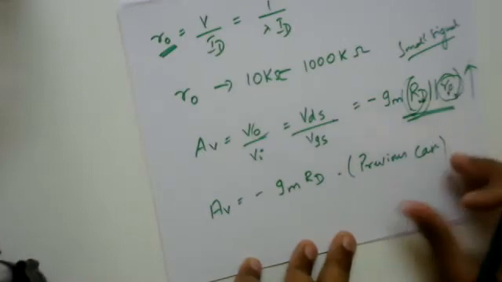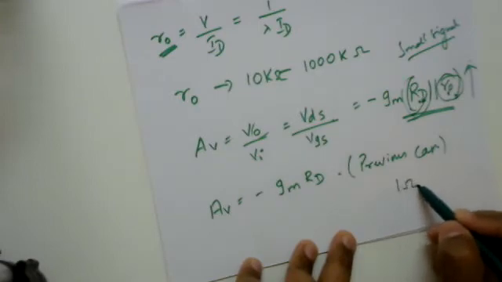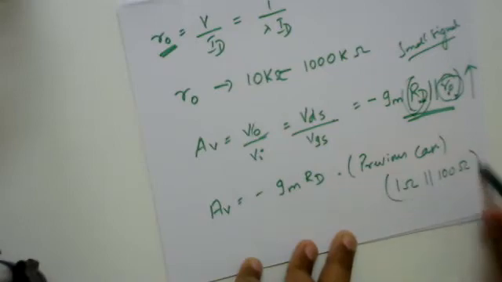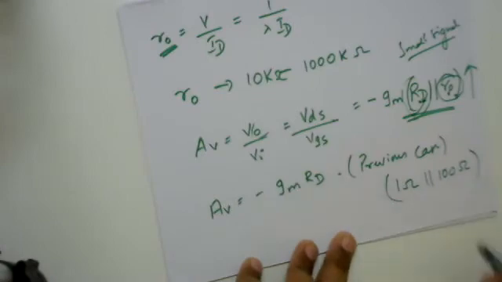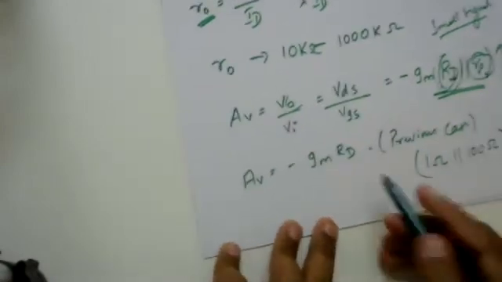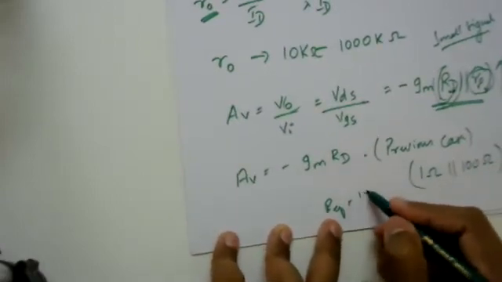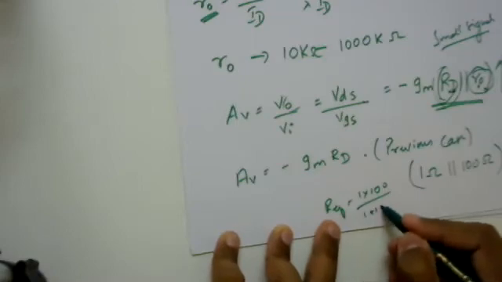For example, if you just take a resistor whose value is 1 ohm in parallel with 100 ohm, you identify what its effective is. R1 into R2 divided by R1 plus R2. If you want to consider the R effective, R1 into R2, 1 into 100 divided by 1 plus 100.